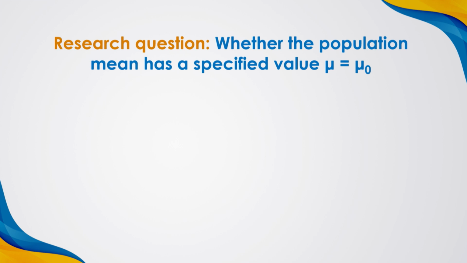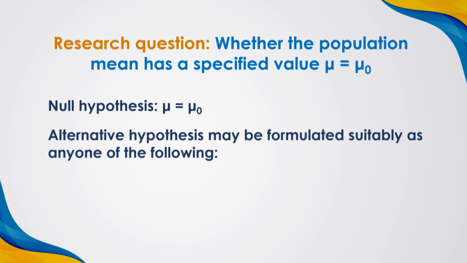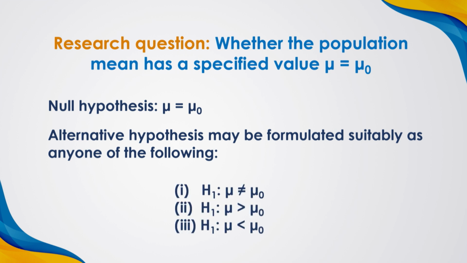Research question. As an illustration, now we will see the research question: whether the population mean has a specified value mu equal to mu naught. For that, the null hypothesis framed is mu is equal to mu naught, and the alternative hypothesis may be formulated suitably as any one of the following. H1: mu is not equal to mu naught; H1: mu is greater than mu naught; H1: mu is less than mu naught.